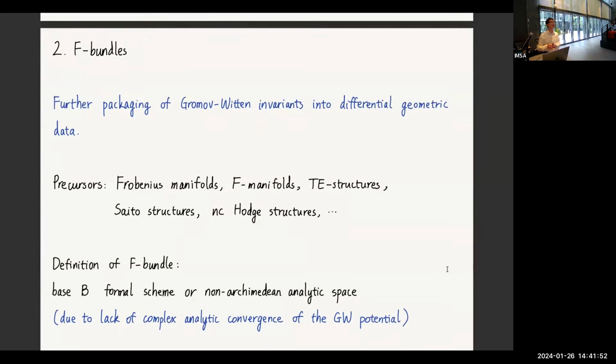Initially we wanted the U direction to be formal, but if we go to the non-Archimedean analytic case, we can also allow the U direction to be analytic.